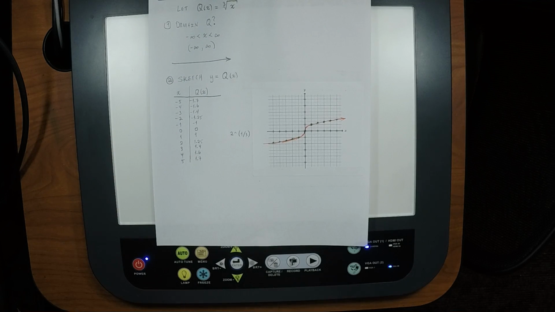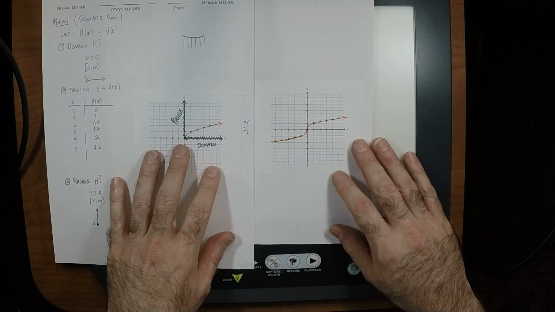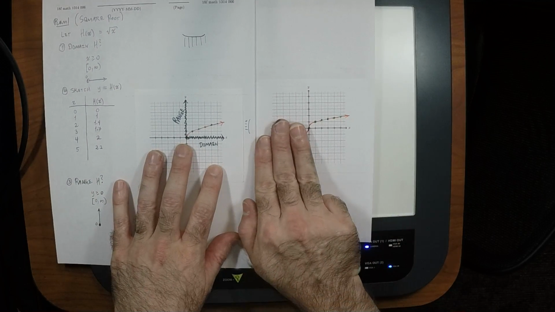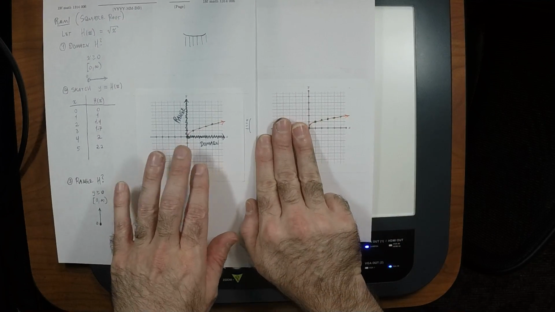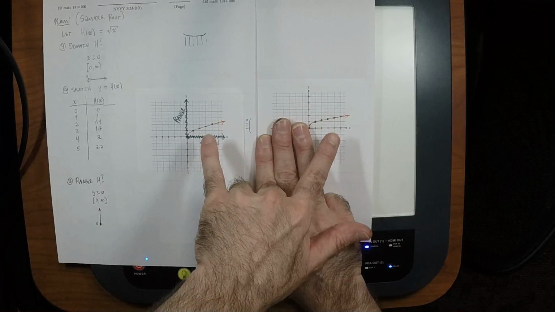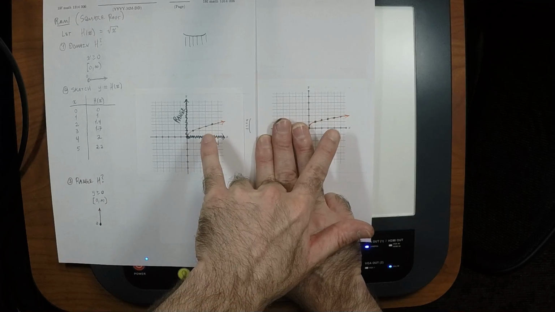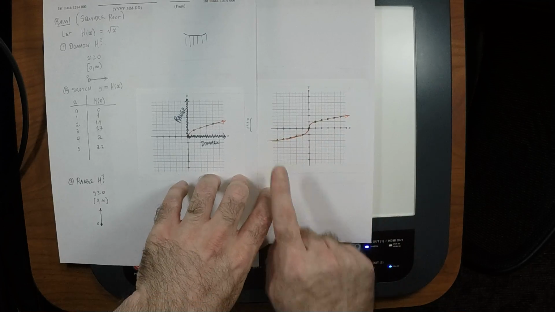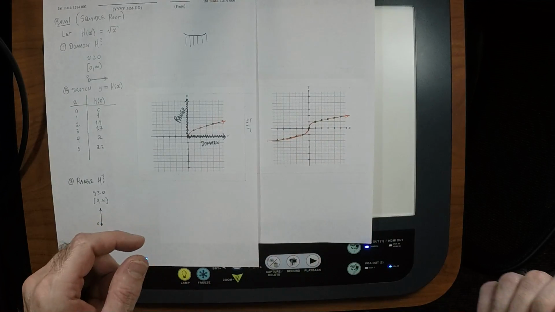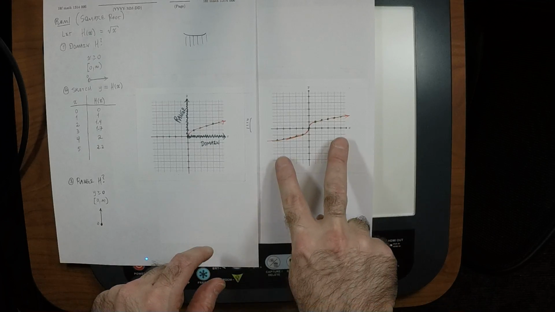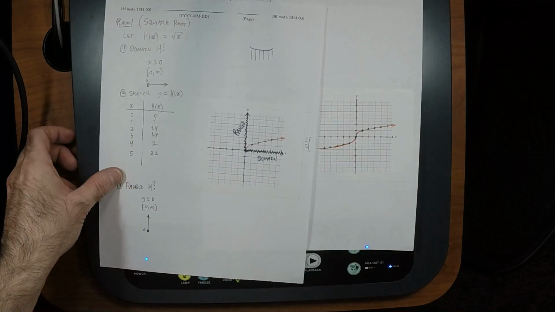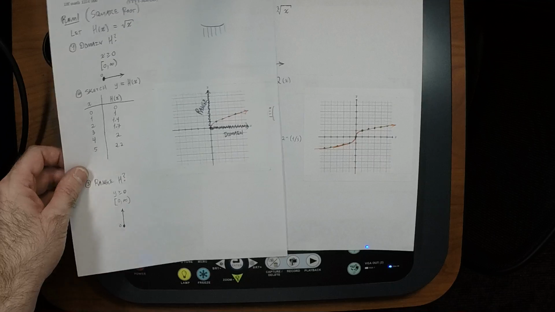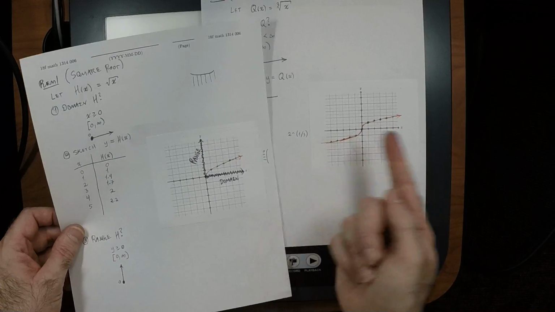So it is in some ways similar to the square root, at least on the right side. If you ignore the left side and just look at the right side, they look pretty similar. But the cube root is defined on both sides. Why is it defined on both sides? That's what the domain is saying: when you look at its picture, it's defined on both sides.